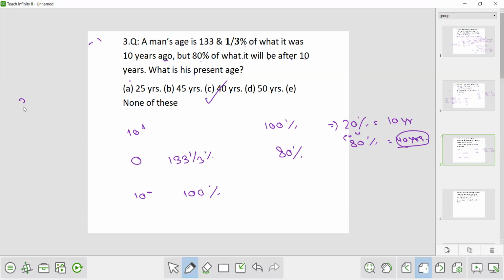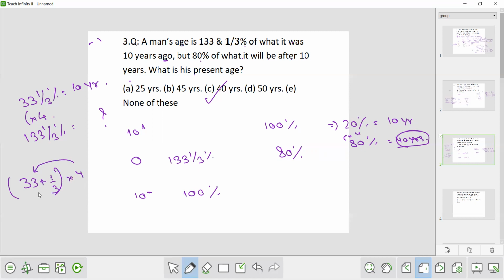If you want to do it by this condition also, you can. Here the gap is 33 whole 1 by 3%, and 33 whole 1 by 3% is equivalent to 10 years. So 133 whole 1 by 3% is equivalent to how much? If you are good at calculation, you will find that it's 4 times. How? 33 whole 1 by 3, you can write as 33 plus 1 by 3, into 4.